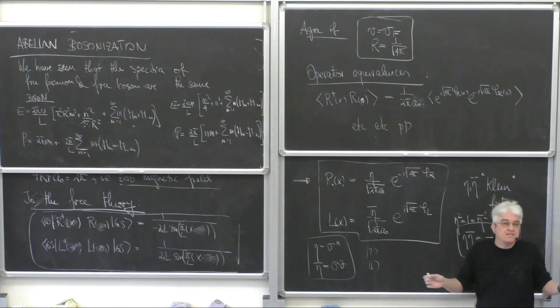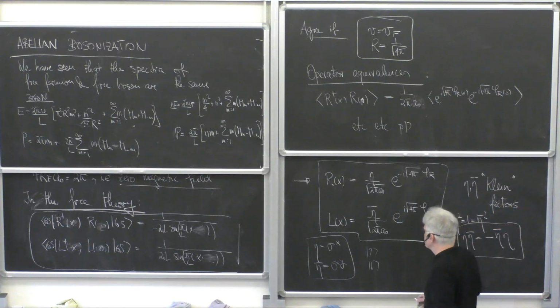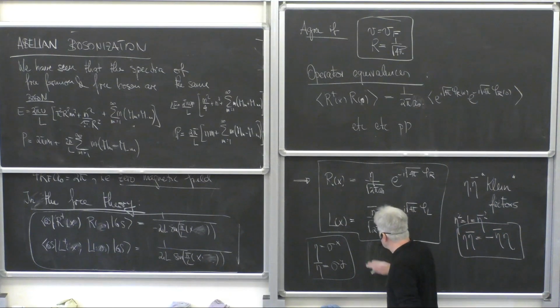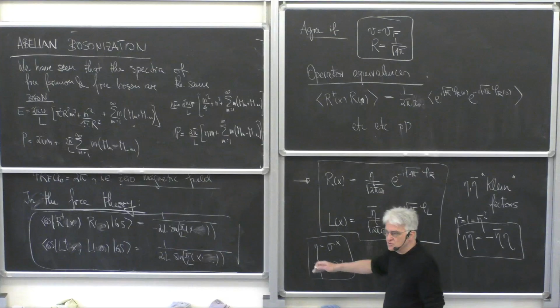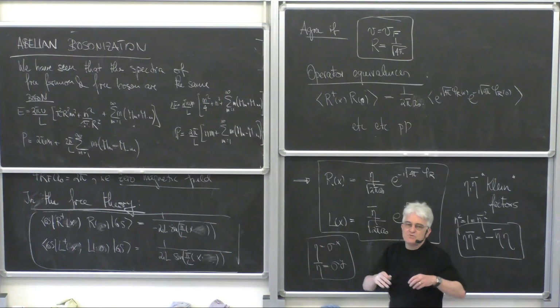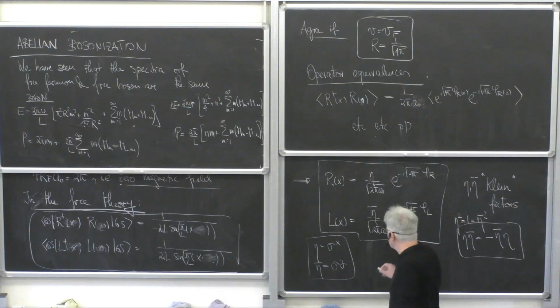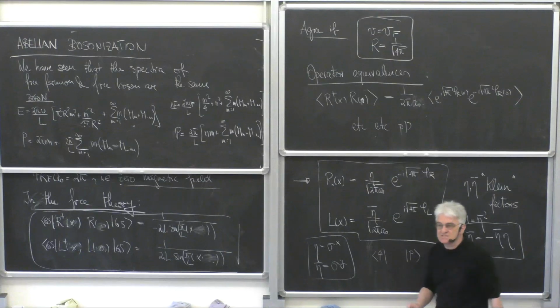Now, any physical quantity cannot depend on this Klein factor business. So the way to deal with this: for any expectation value of a physical operator, you also take an expectation value in this Klein space.